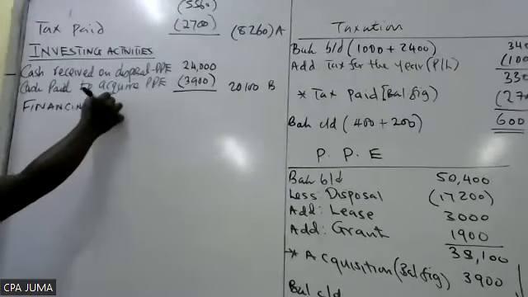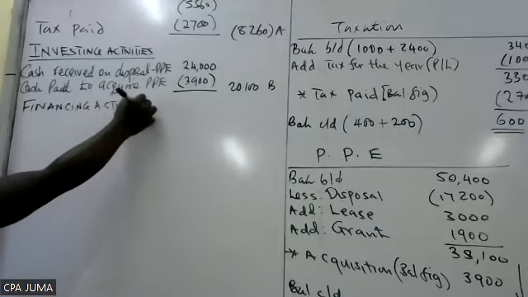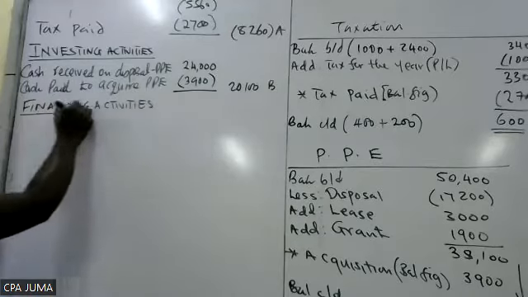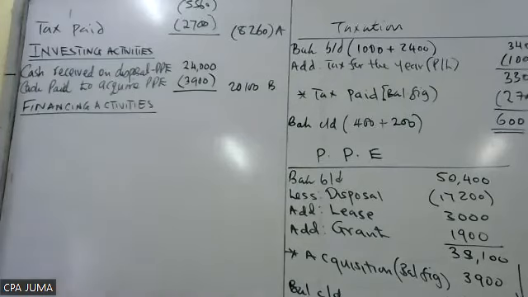Financing activities. Financing activities, you go to equity and liabilities. That is what you reconcile.